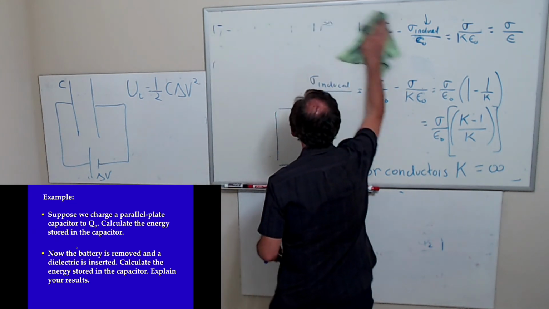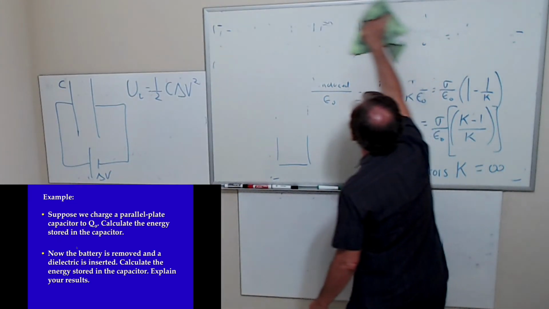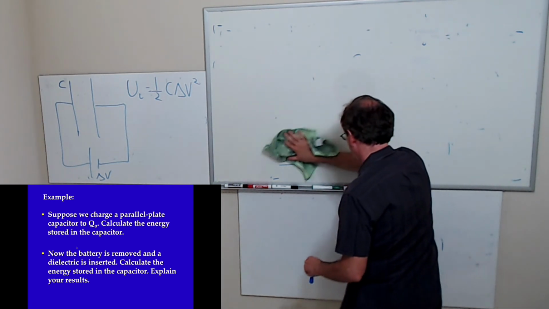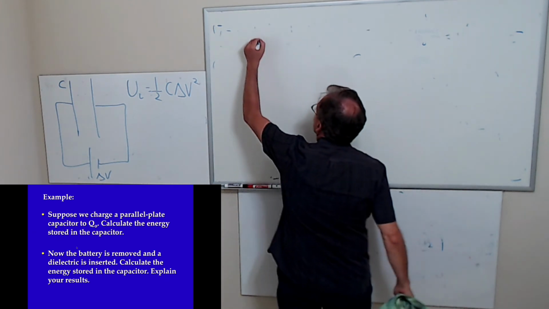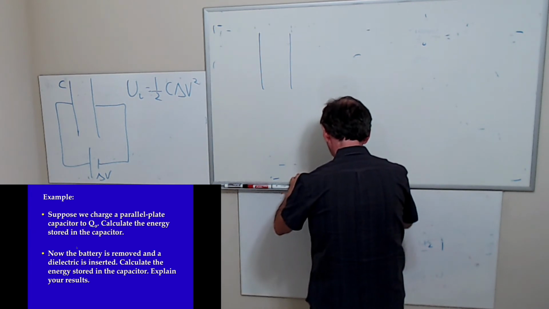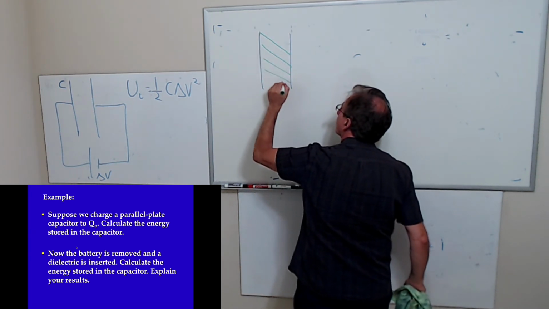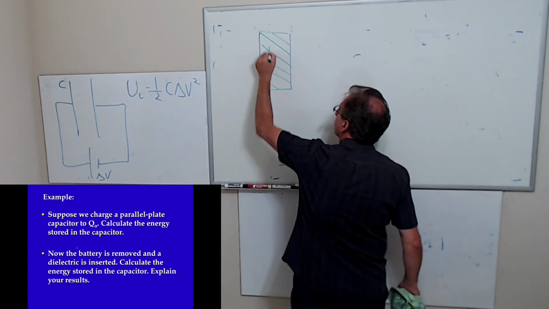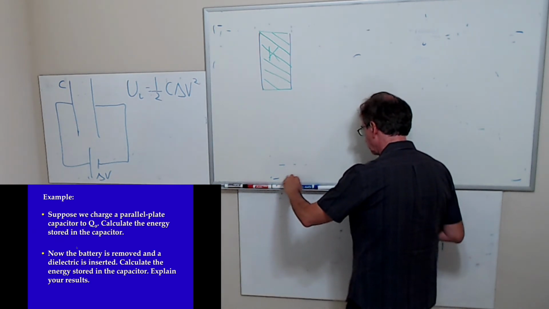I actually take the capacitor out of the circuit, and I assume that no charge is lost in the process. And I insert a dielectric whose value is kappa. What's the new energy stored?